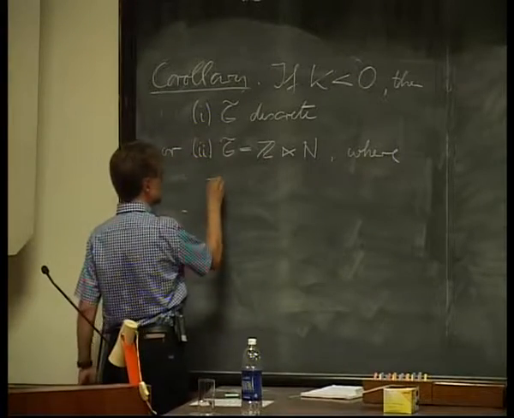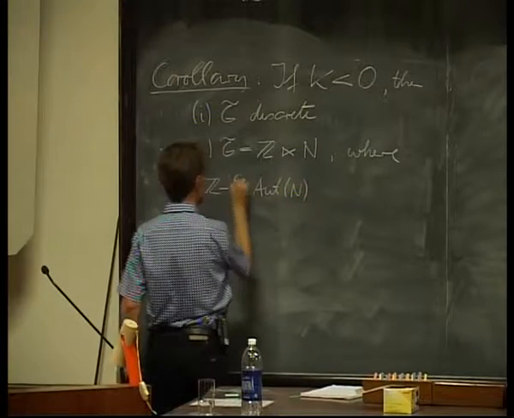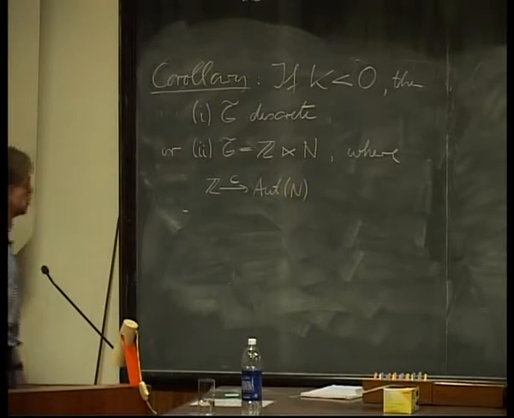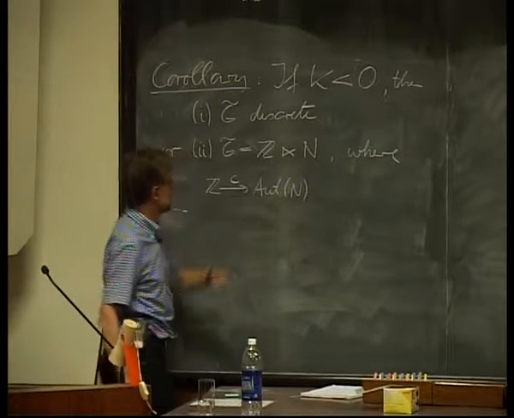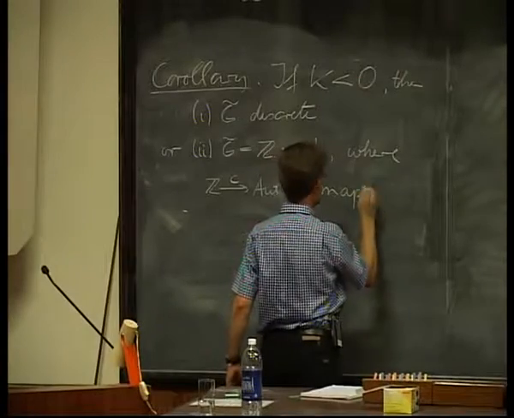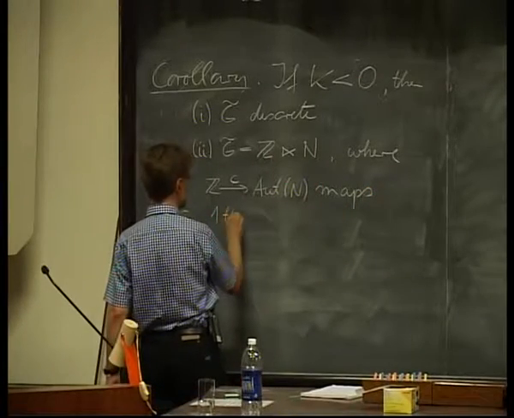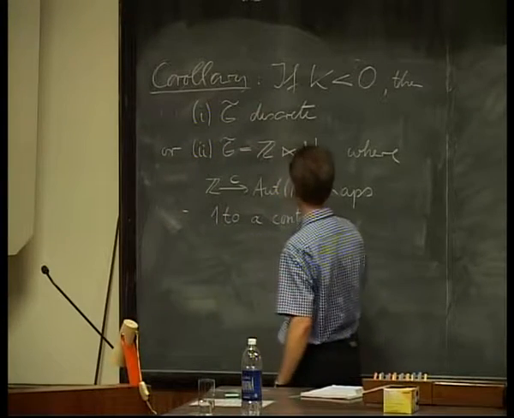So in this case, conjugation gives us a nice homomorphism from Z into the automorphisms, and this has an additional important property. It maps 1 to a contracting automorphism.